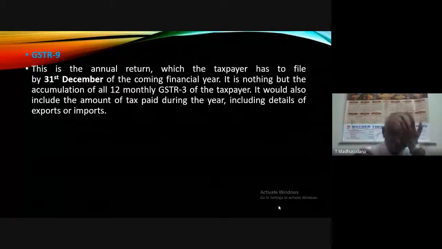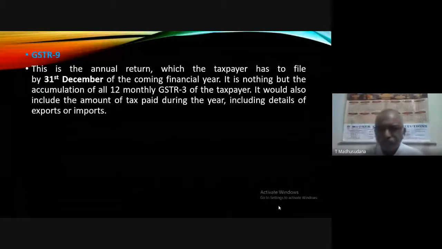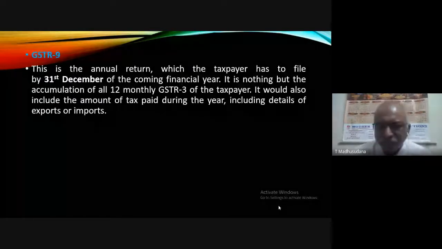The due date for submitting the GSTR 9, that is annual returns, is 31st December of the next financial year. It is nothing but the accumulation of all 12 monthly GSTR 3 of the taxpayer. Okay, so the monthly GSTR of 12 months is clubbed together, then automatically it becomes GSTR 9.